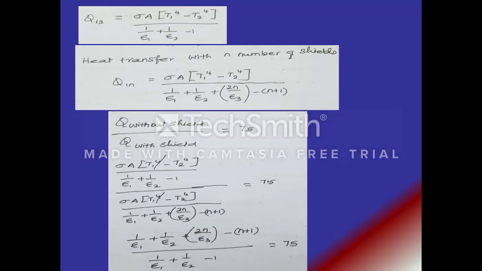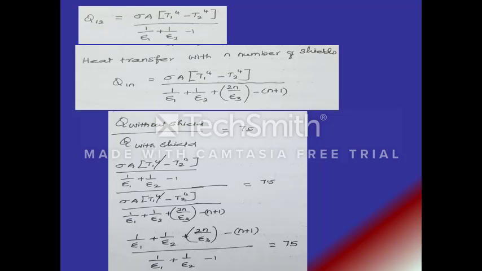So it is given in the problem that heat transfer without shield divided by heat transfer with shield is equal to 75. That is, heat transfer is reduced 75 times. Now substitute the expressions for Q without shield and Q with shield from the above two expressions. So this by this will be equal to 75.